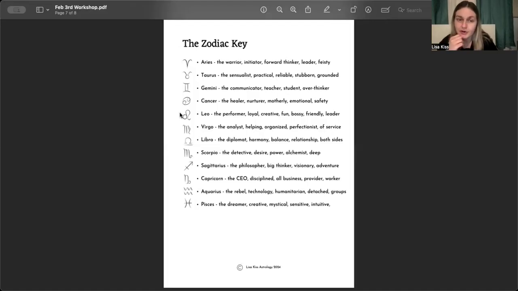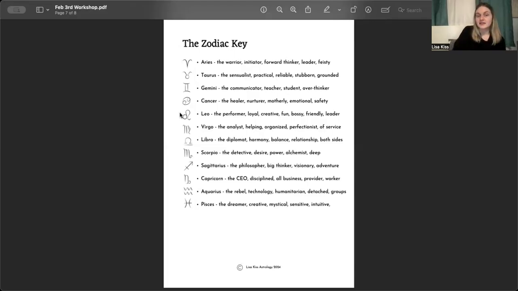Virgo, we have the analyst, helping, organized, perfectionist, wanting to be of service, feeling grounded. Virgo energy can spot the gaps and they know how to help fill in the details, right? Libra, we have the diplomat, harmony, balance, relationships, both sides, scales, justice.